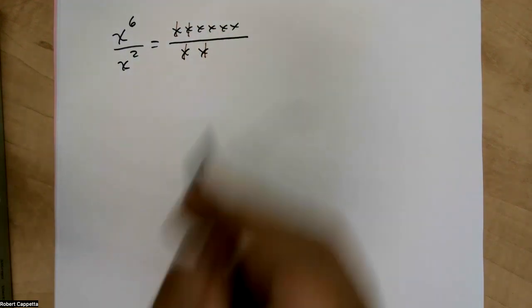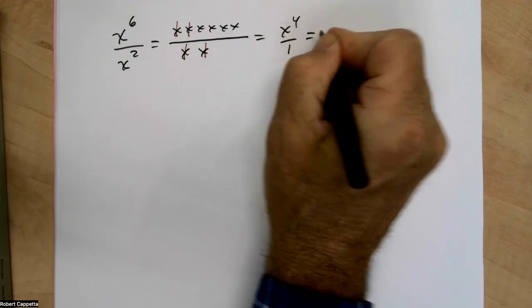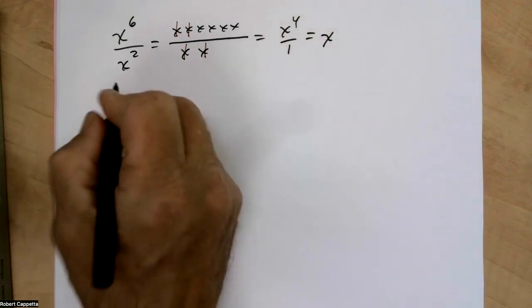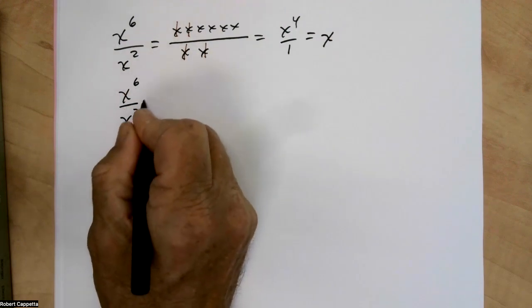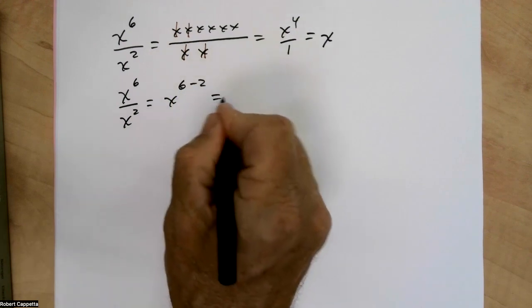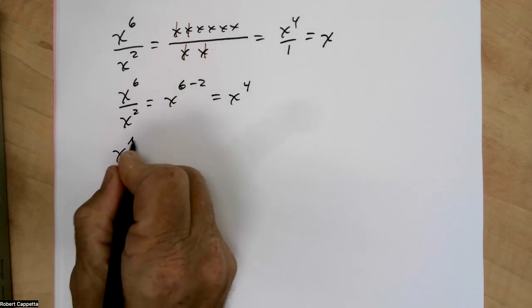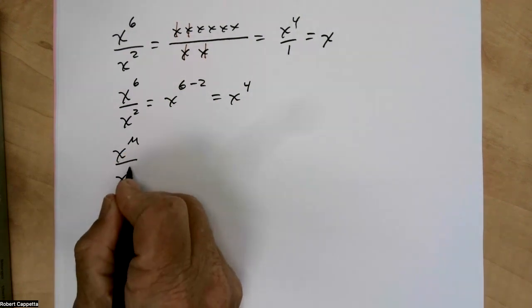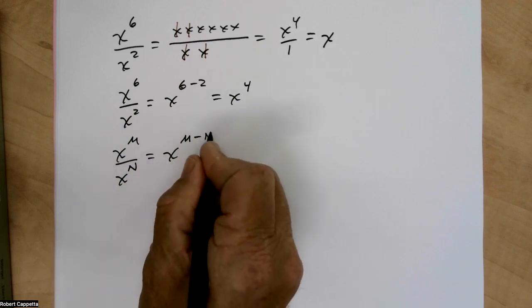What's left upstairs? 1 times x times x times x times x, x to the fourth over 1 times 1 is 1, which is x to the fourth. That indicates to me that x to the sixth over x to the second is the same thing as x to the sixth minus 2, which is x to the fourth. So indeed, x to the m over x to the n is x to the m minus n.